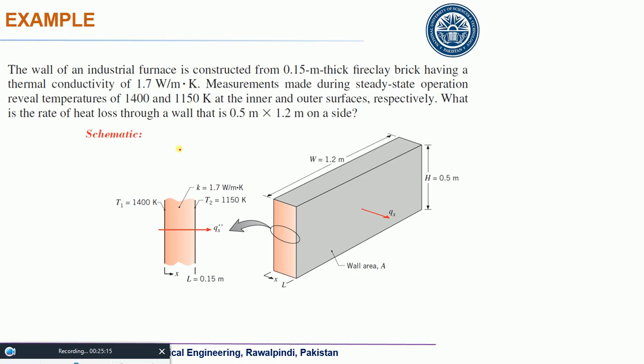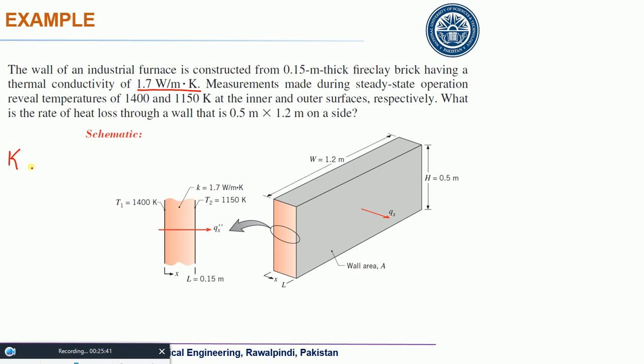So let's solve an example just to show you how to apply those kinds of relations. The wall of an industrial furnace is constructed from 0.15 meter thick fire clay brick having a thermal conductivity of 1.7 watt per meter per Kelvin.